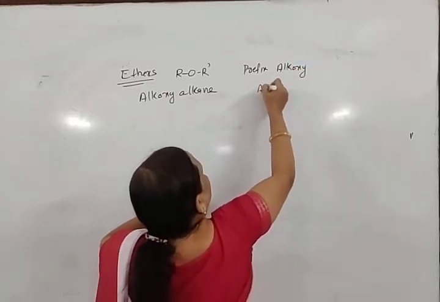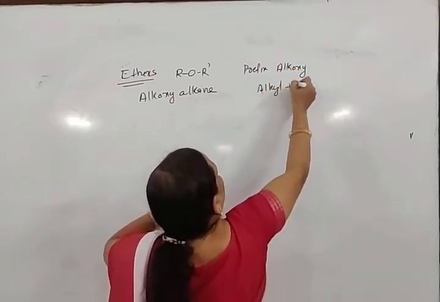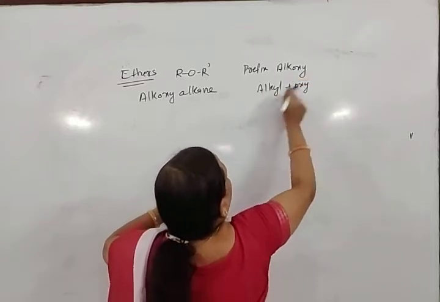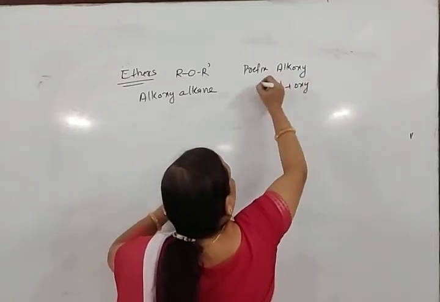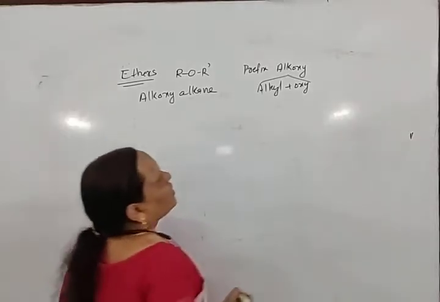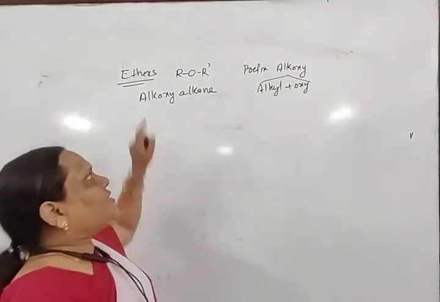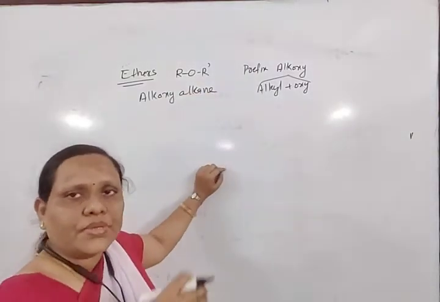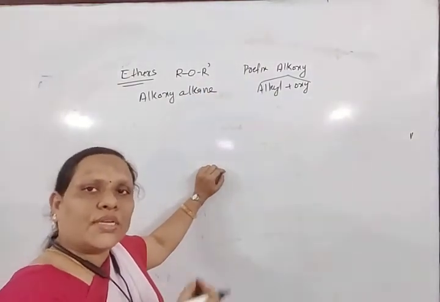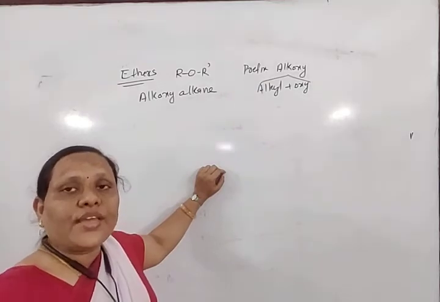That means it is derived from the alkyl group plus oxy. In this way alkyl oxy gives rise to alkoxy. If both are the same groups, you can write alkoxy for one group and alkane for the other.